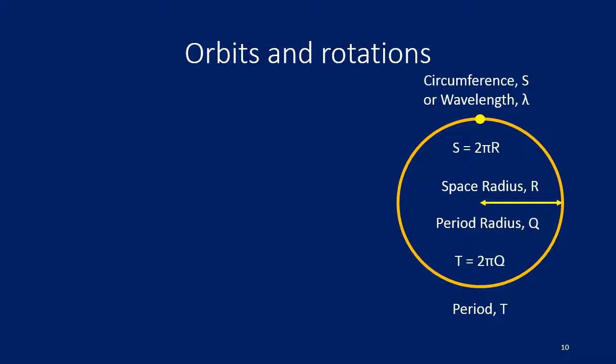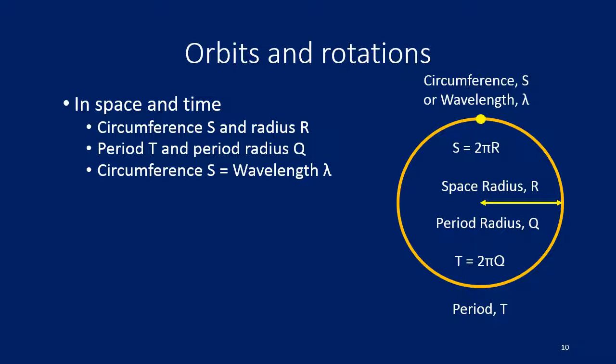Now consider orbits and rotations in space and in time. In space there is a circumference s and a radius r. And in time there's a period t and we'll see a period radius q. Now the circumference is also known as a wavelength. For the circle in space, we have the ratio of the circumference over the radius equals 2 pi.